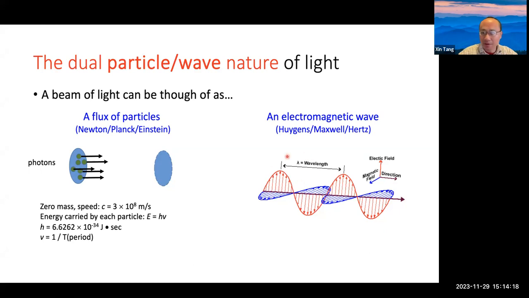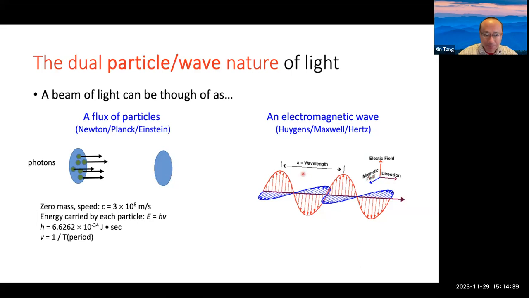Okay, so for this light, if you measure the electric field and the magnetic field, you will find these two fields are coupled together. The electric field is much stronger. The magnetic field is weaker, but still exists.